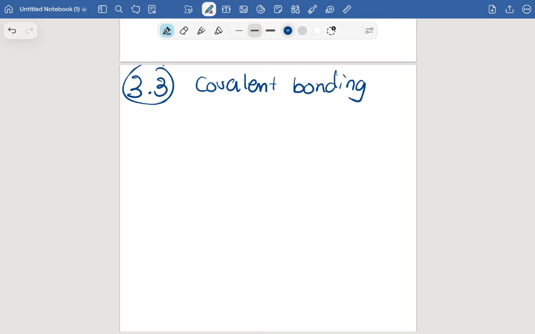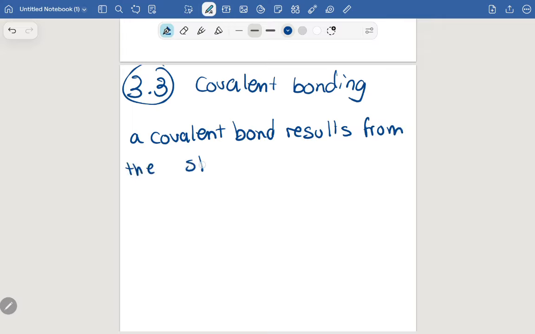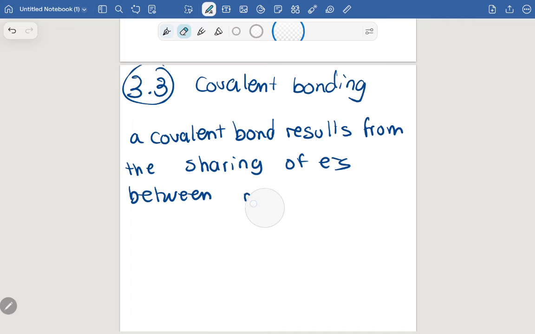A covalent bond results from the sharing of electrons between non-metal atoms.